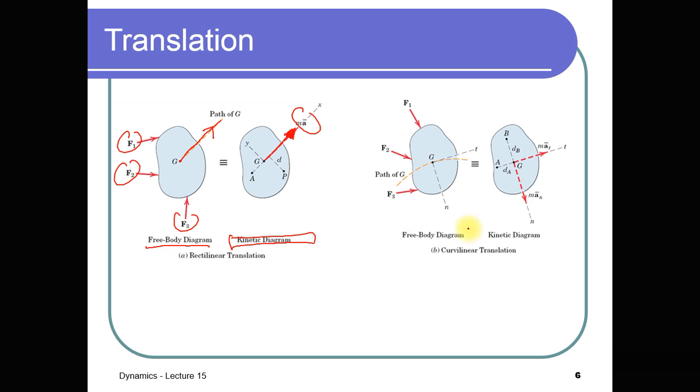And then this is the curvilinear translation. Same thing, you have F1, F2 and F3.